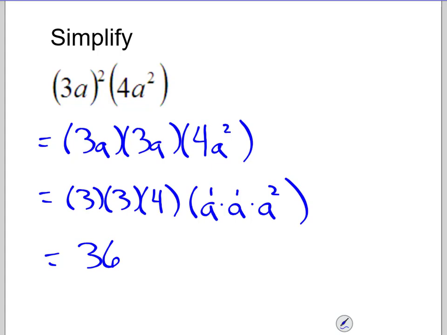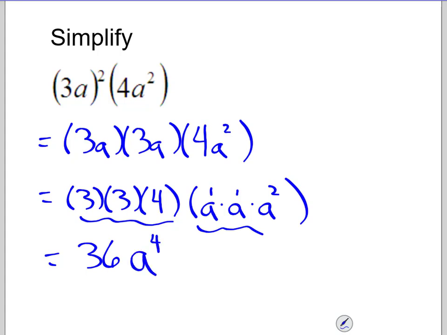I can combine those. Those are just regular numbers. They're not powers. They don't have exponents on them, so I can just multiply those out. If I had a cube on this term, that would change how I approach the problem, but I don't have that, so I can just multiply these guys out because they're just regular numbers. Over here, I have 2 a's multiplied by 2 more a's, and I'm left with a to the 4th.